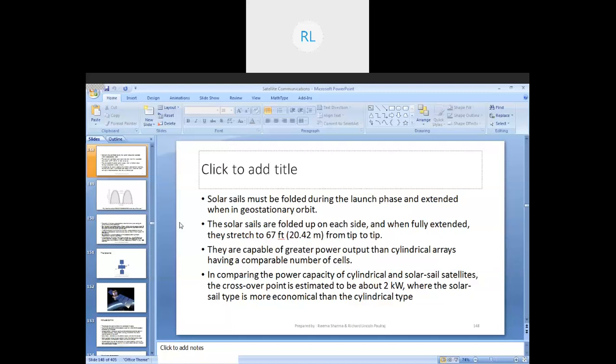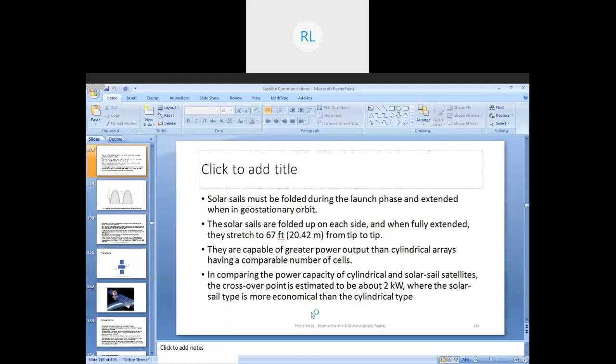Some more information with regards to the solar cells. Solar cells must be folded during launch phase and extended when in geostationary orbit. As soon as it comes to its orbit, we should make sure that these wings open up.